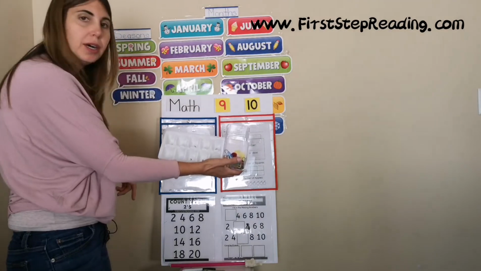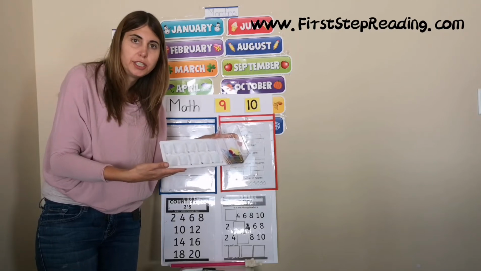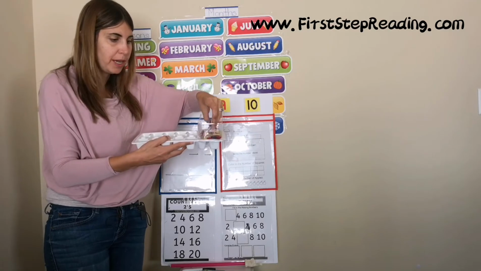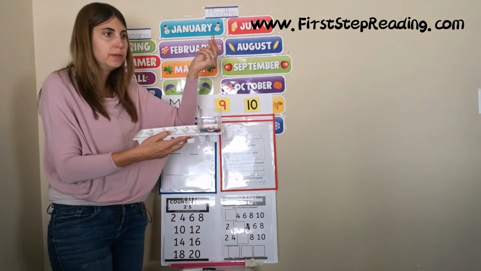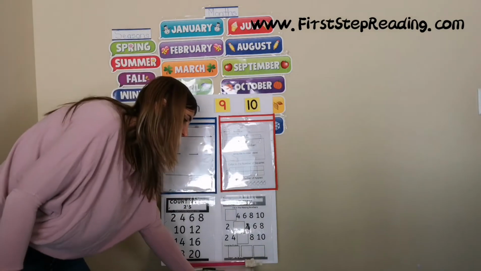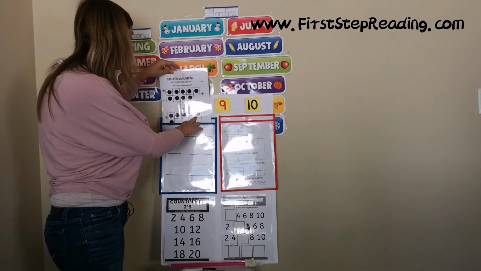And this will help me for my 10 frame worksheets and it will help me for addition and subtraction. It's a really good tool. I just attached a box for my counters. You can print counters, or you can use paper clips, mini erasers, anything you have.